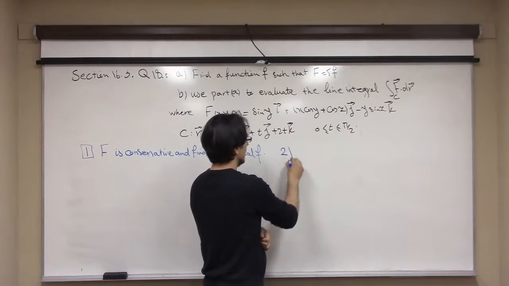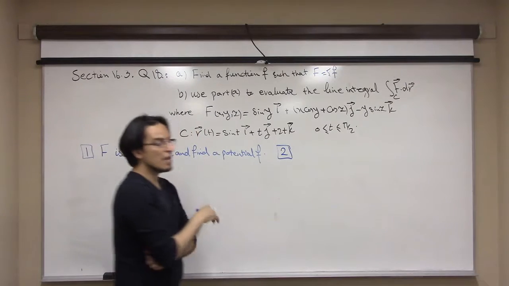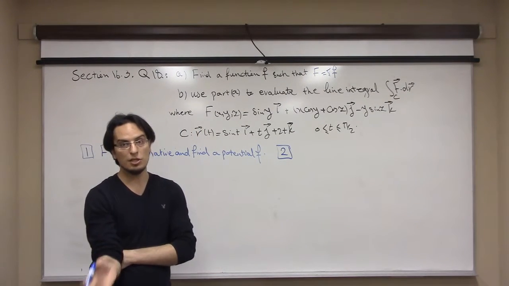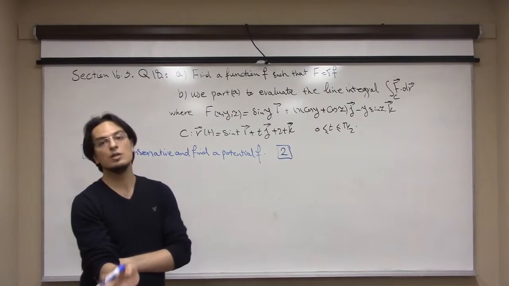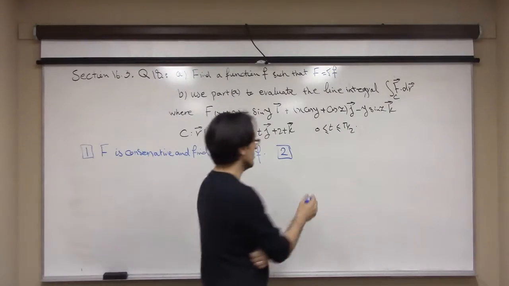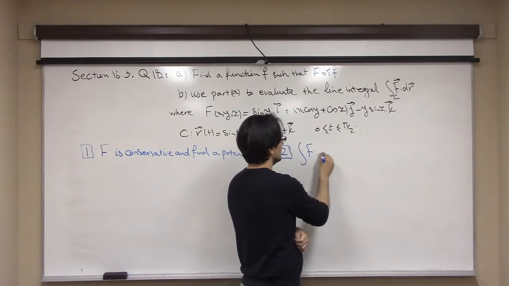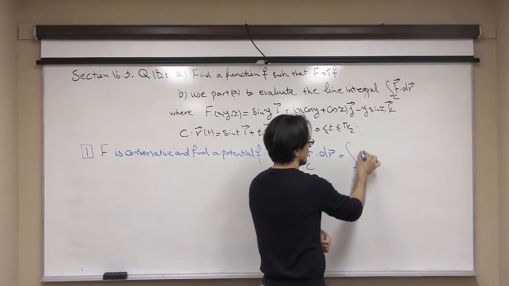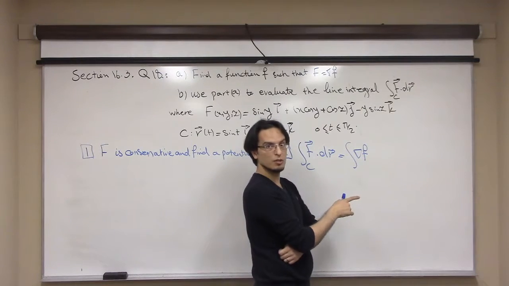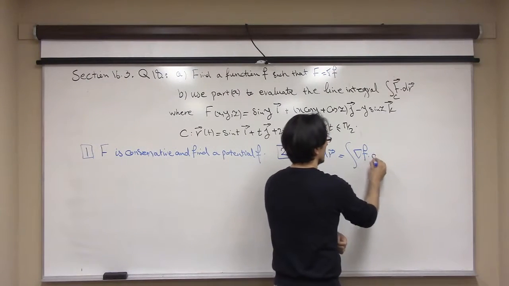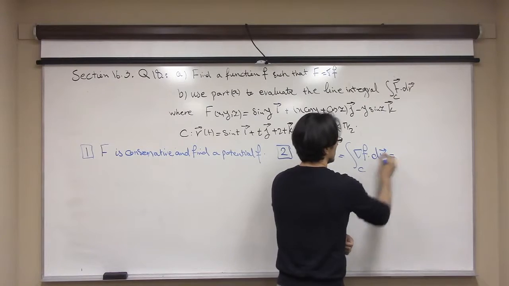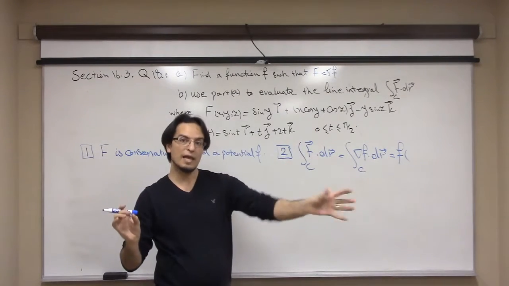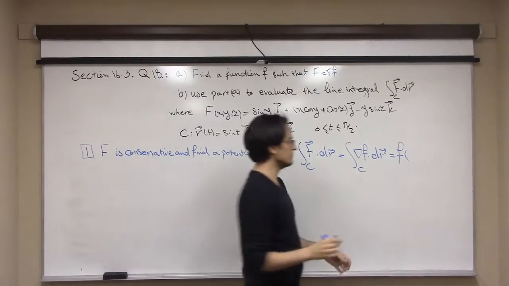And the second thing you have to know is that the line integral of a vector field which is conservative is easy to evaluate. If you have a vector field which is conservative, meaning that you can find a potential function for that, the value of that integral is that you find the end point of your curve.